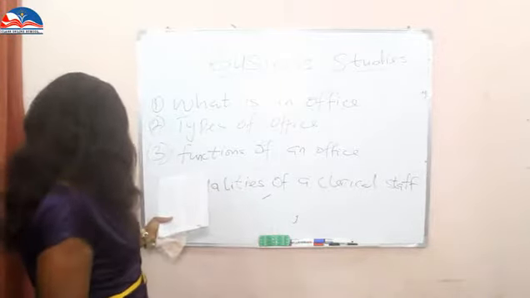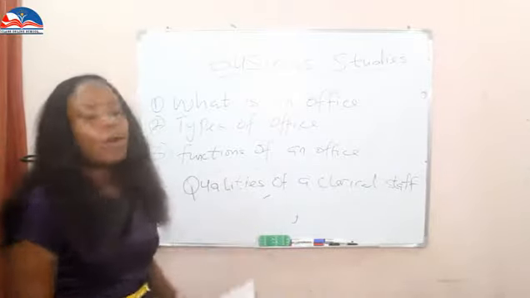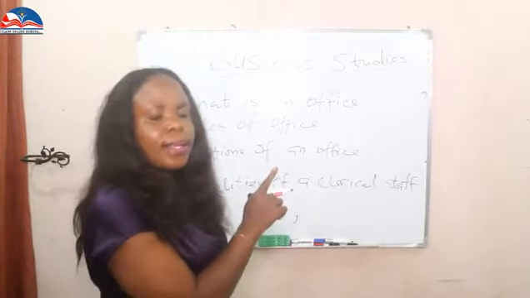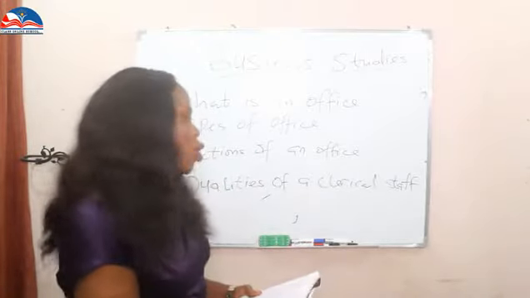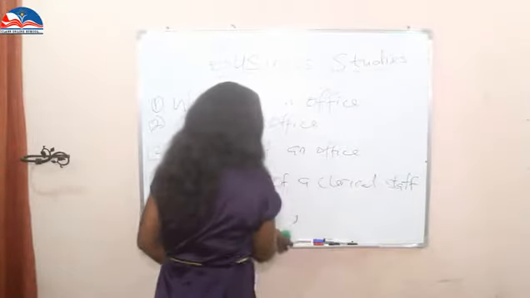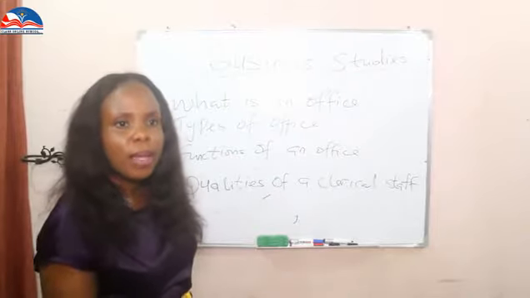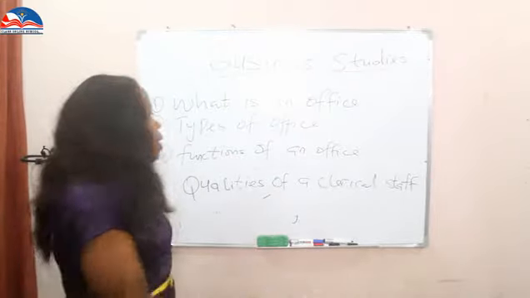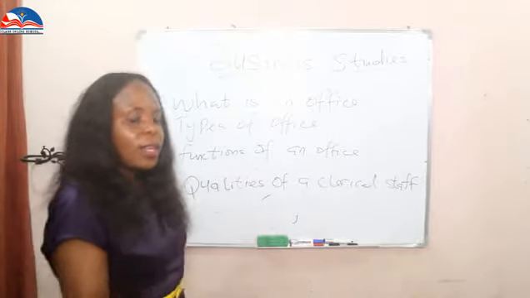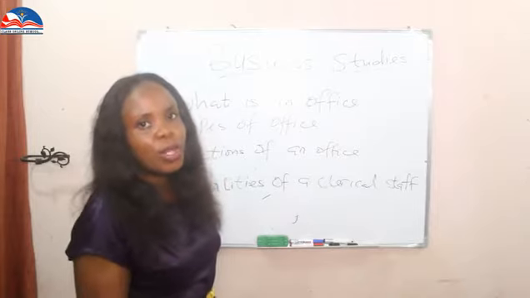I hope this is clear enough. Qualities of a clerical officer. Like I told you on that number 6 or so of the functions of an office, I talked about the customer care officer, or somebody who attends to the customers. I will want to relate this to the qualities of the clerical officer. This individual is a person that gives out information.